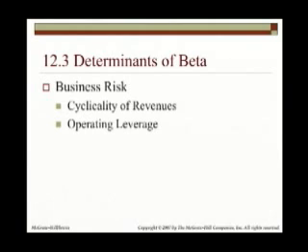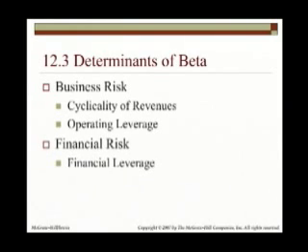Okay, what are the major determinants of beta? First is business risk, and the second is financial risk. Now, business risk is not just the volatility of returns. Business risk is caused by two things, cyclicality of revenues and operating leverage. When we talk about operating leverage, it is the percent change in EBIT for a percent change in sales.